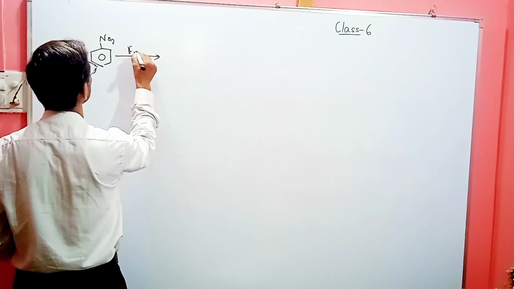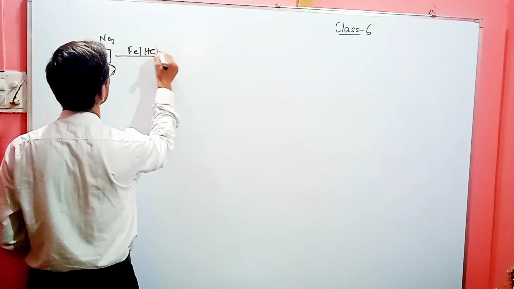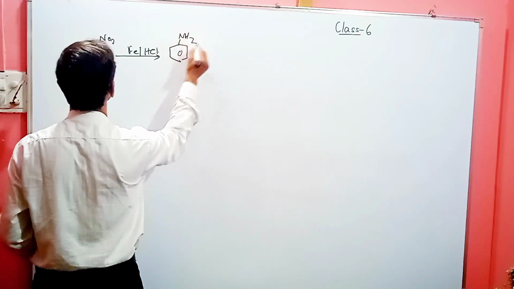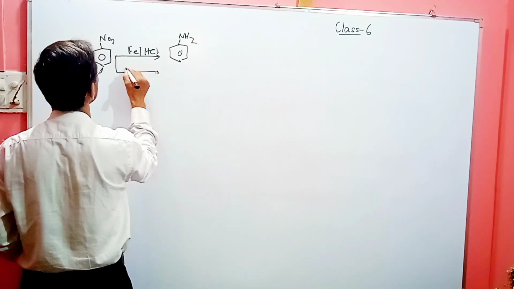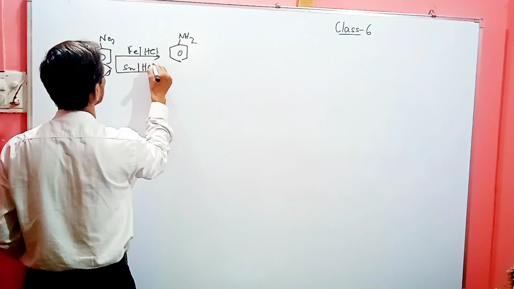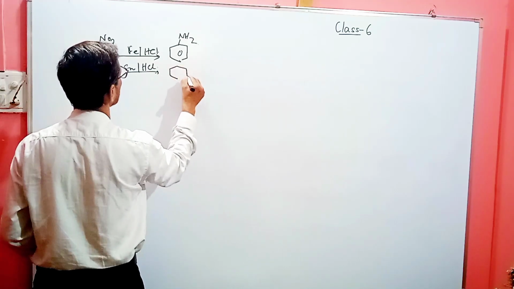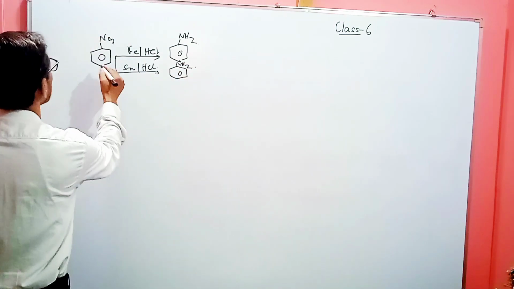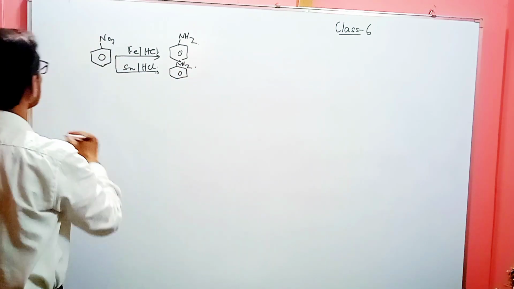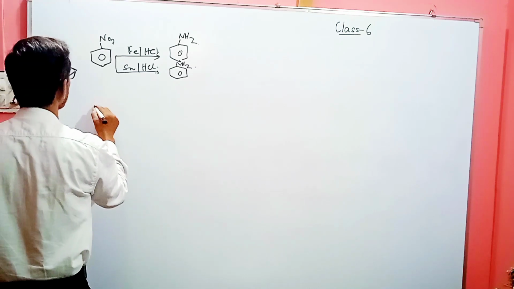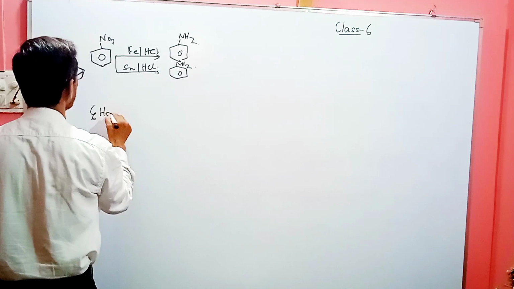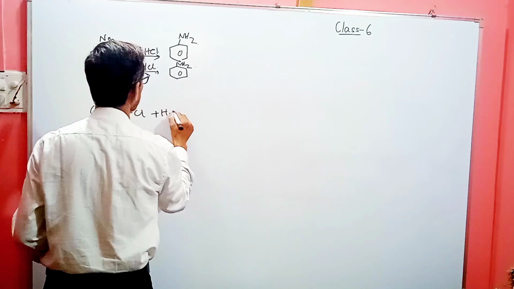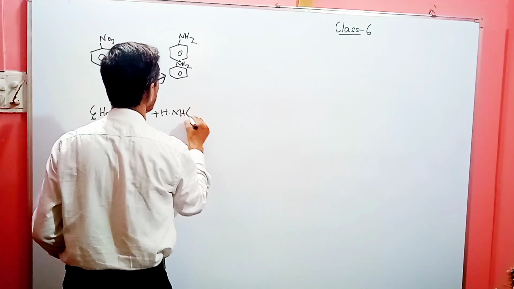Nitrobenzene gives aniline, and if it is tin, HCl, same reaction occurs. Next one is C6H5COCl plus aniline.